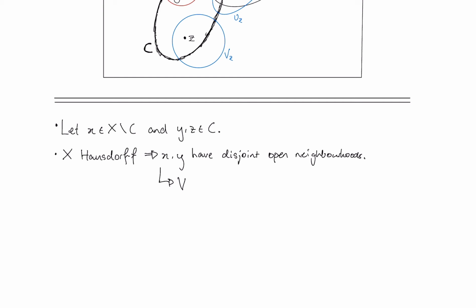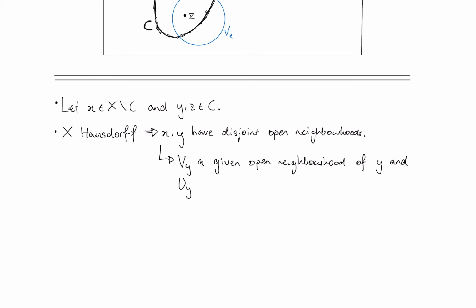So let's write that down. Vy, a given open neighborhood of Y, and Uy, the corresponding one. The notation, the U and V, will be a lot clearer later on.